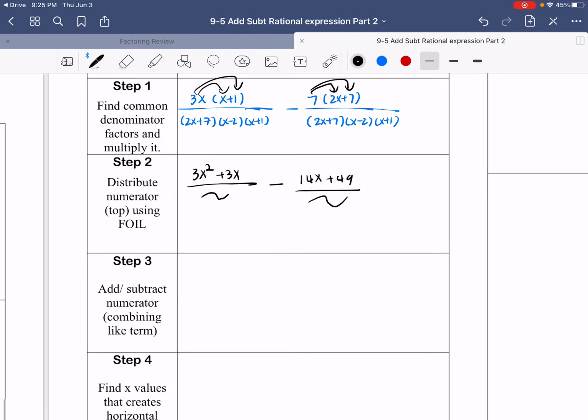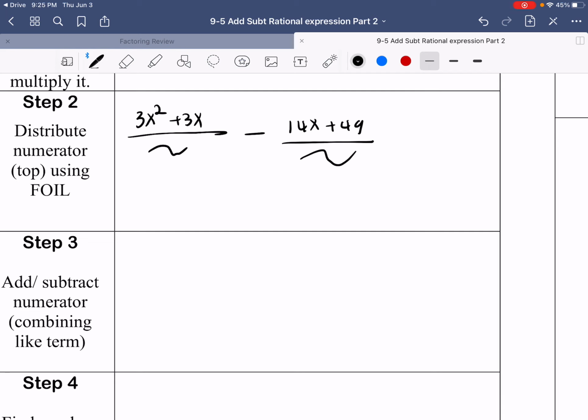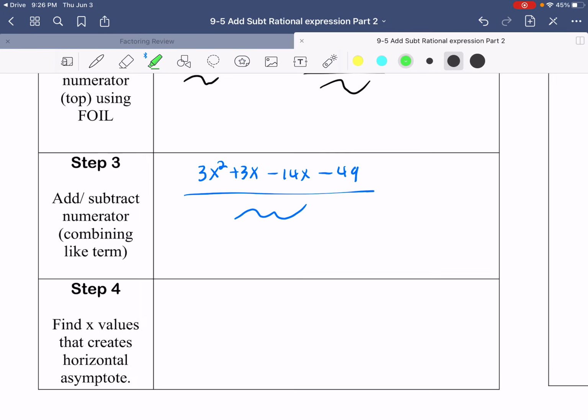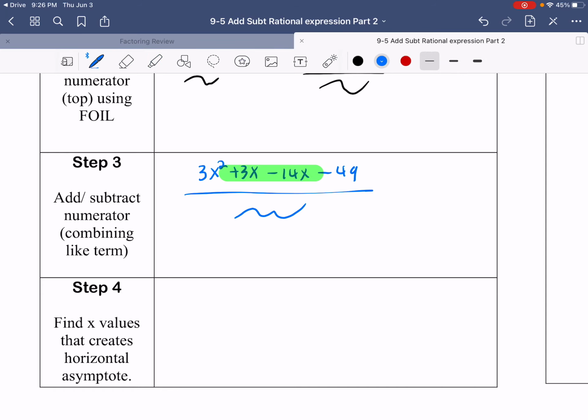And as I said, step 3, you are gonna combine like terms, but it's better for you to distribute the negative like this. So 3x squared plus 3x. Negative times 14x is gonna be negative 14x. Negative times 49 is minus 49 over. And if you simplify it, you can combine this too, right?